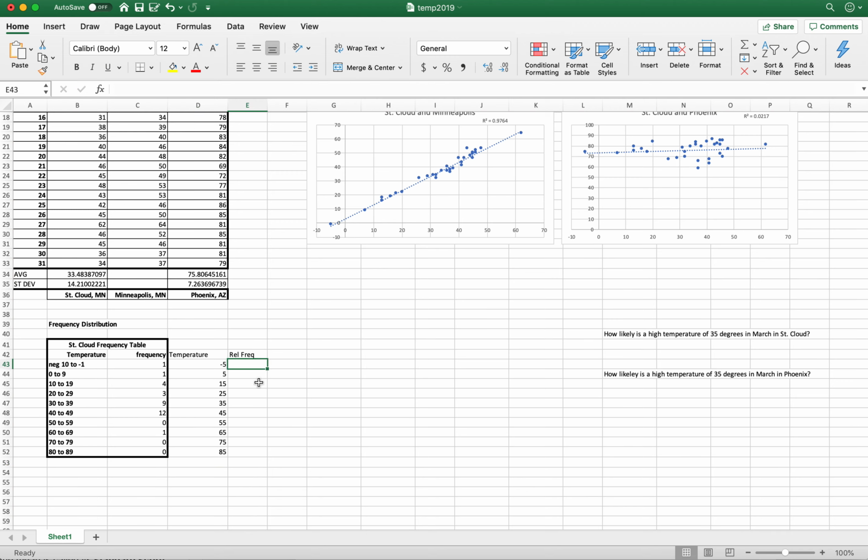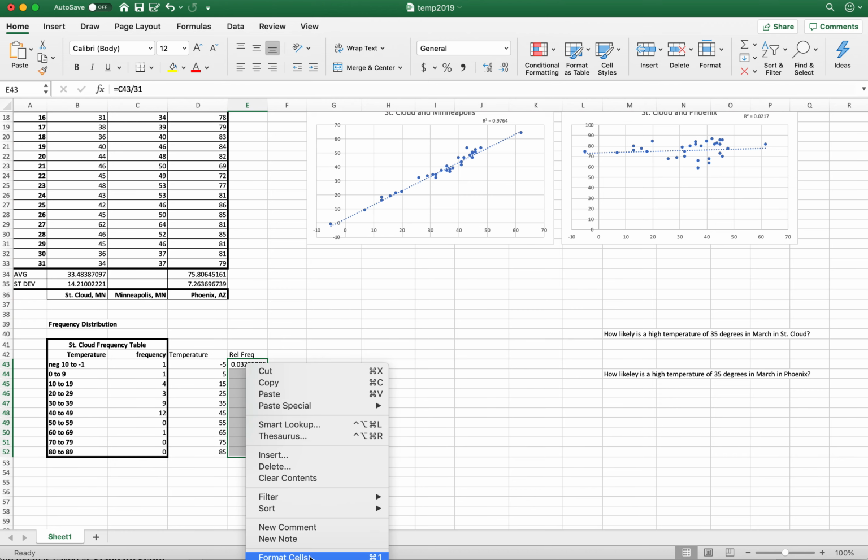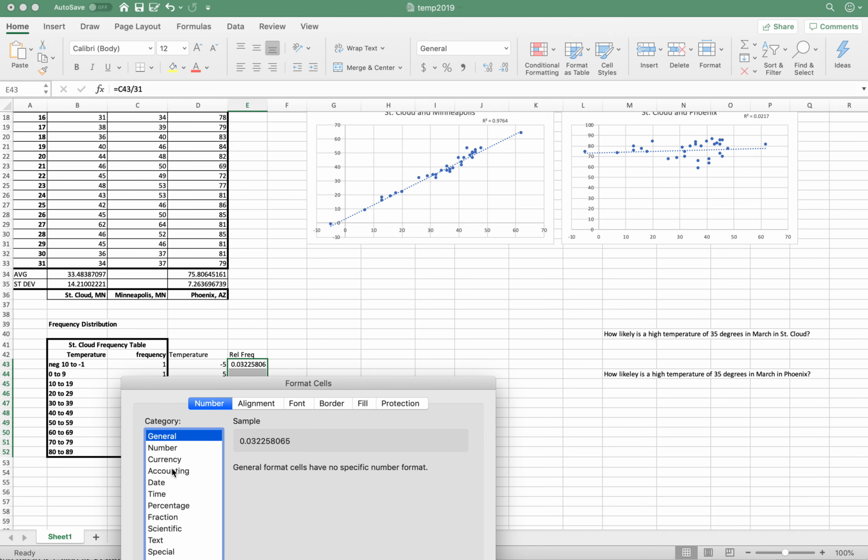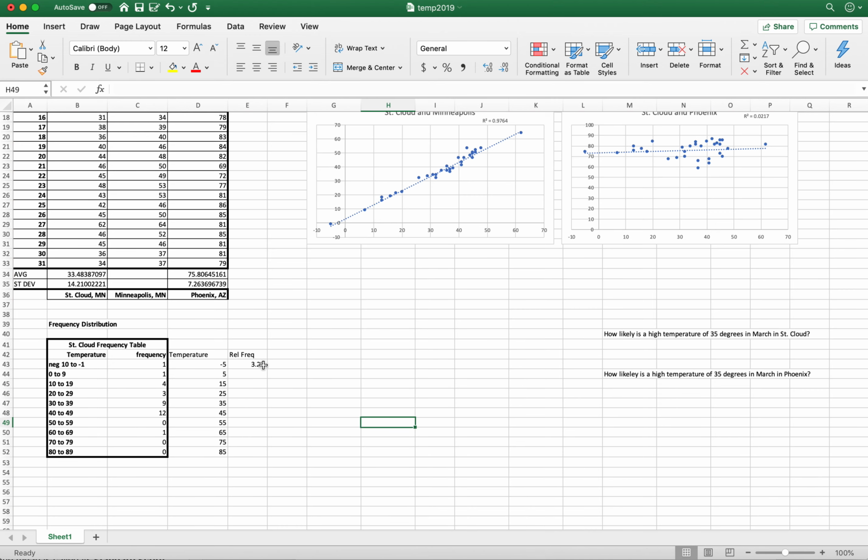And for the relative frequency, remember there are 31 days in the month, so I'm going to choose equals 1 divided by 31, and then I'm going to change all of these to a percent. So there's a 3.2% chance that the temperature is in this range.